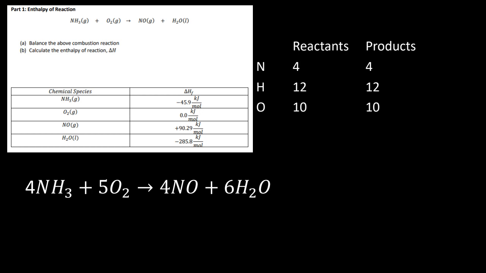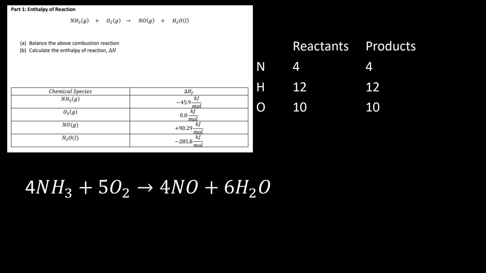Doing a little bit of cleanup now, what we see is balancing our chemical equation to have 4 molecules of ammonia, 5 molecules of molecular oxygen reacting together to form 4 molecules of nitrogen monoxide and 6 molecules of water gives us a balanced number of each type of element.